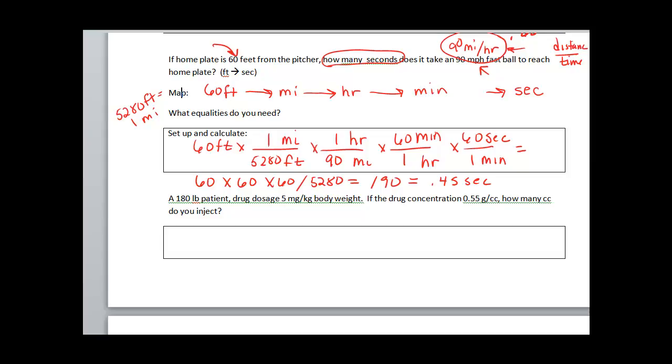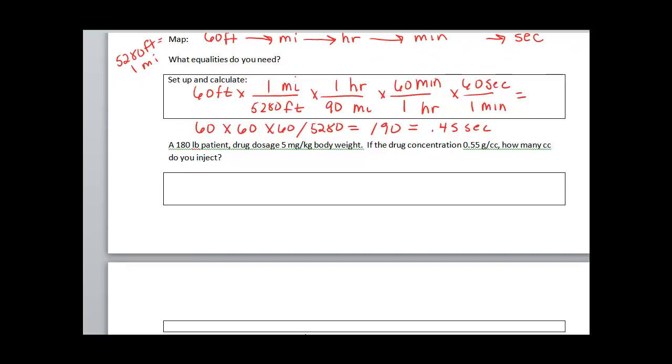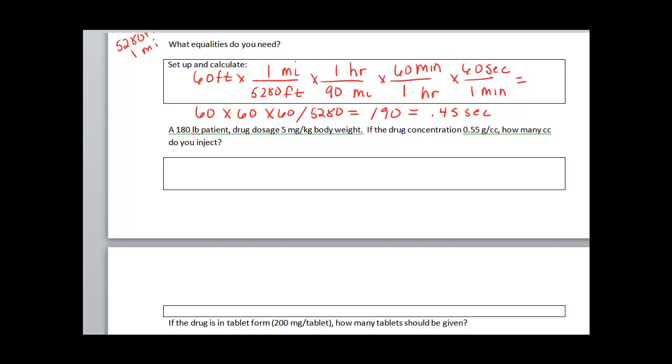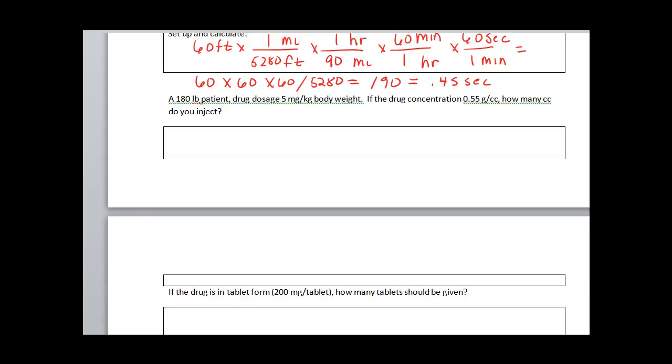Now, the next conversion examples are ones that relate more to chemistry and to health sciences. Suppose you have a 180-pound patient. The drug dosage is 5 milligrams of drug per kilogram of body weight.